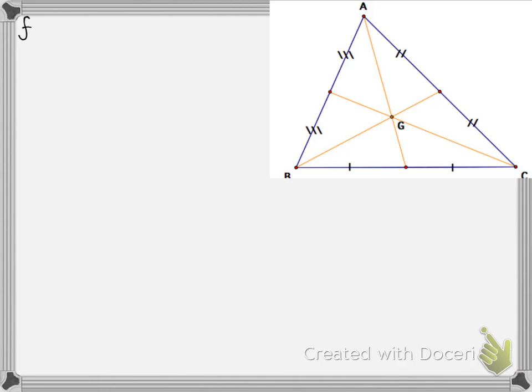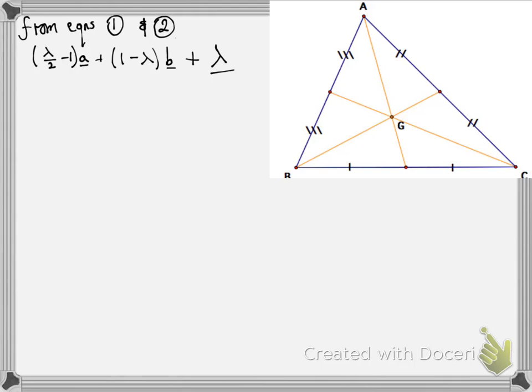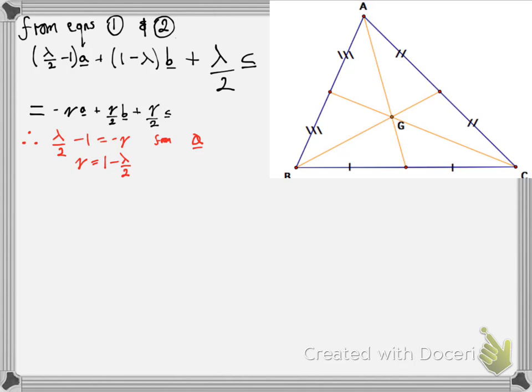So let's do that. From equations 1 and 2 that we identified previously, we've got this interesting equation. So all that for vectors a, b and c is equivalent to this expression for a, b and c. Now, equating the coefficients, from the a vector, the coefficient gives us lambda on 2, take 1, must be equivalent to negative gamma.